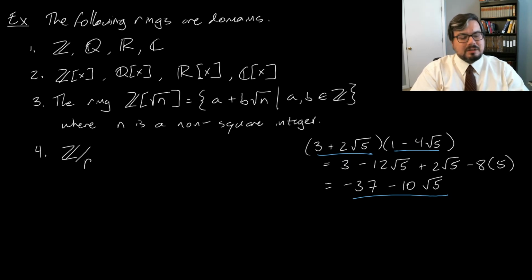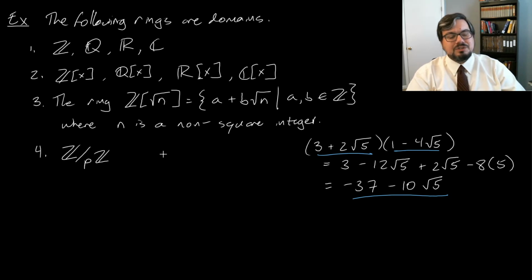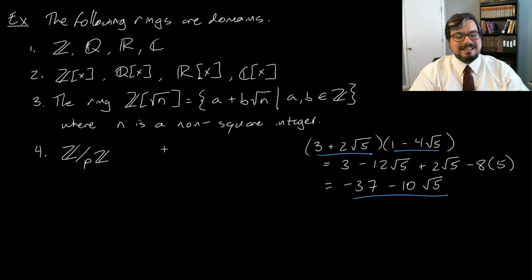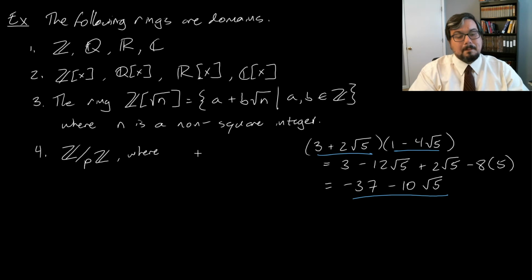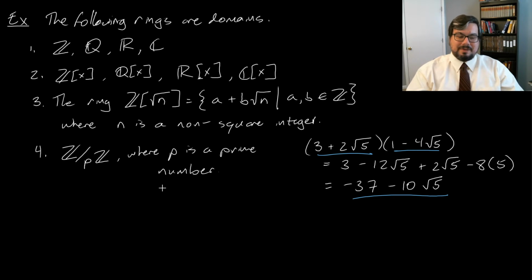Now, very importantly, we also have the rings Z mod pZ. Now, we know that this doesn't hold for all of them. We've already seen that Z mod 12Z is not a domain because we saw that 3 bar times 4 bar is equal to 0 in that case. But if p is a prime number, these rings are domains.